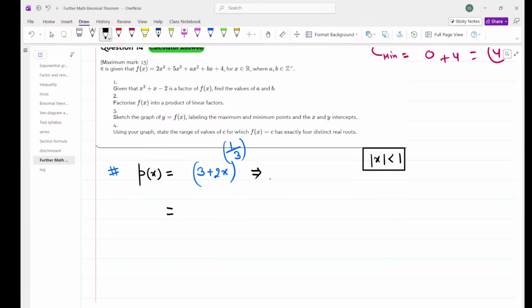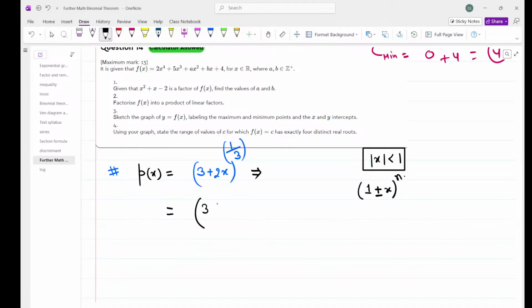So see, this binomial should have 1 plus or minus x raised to any power like n. So first of all, you have to make sure that your first term is 1.